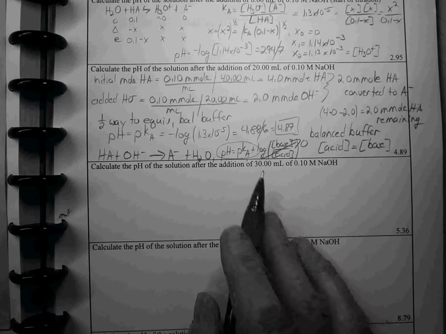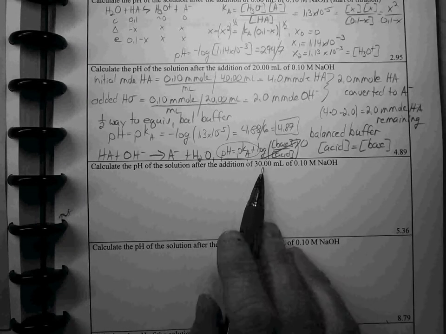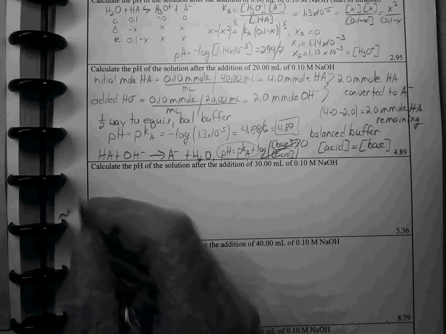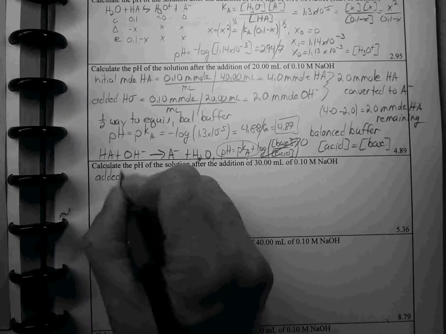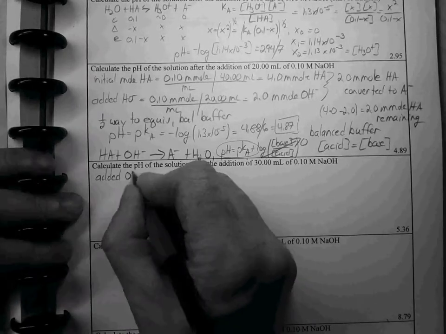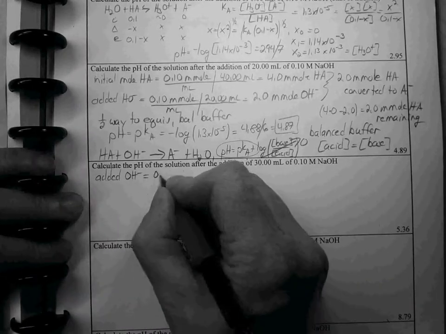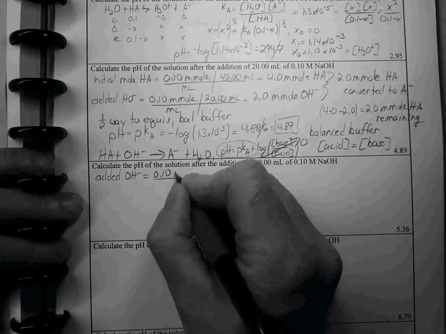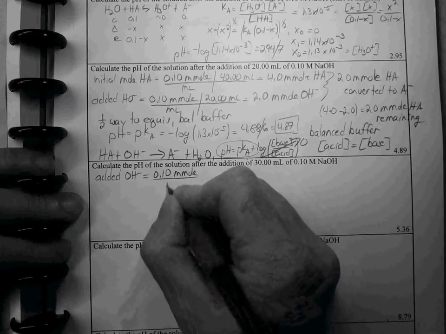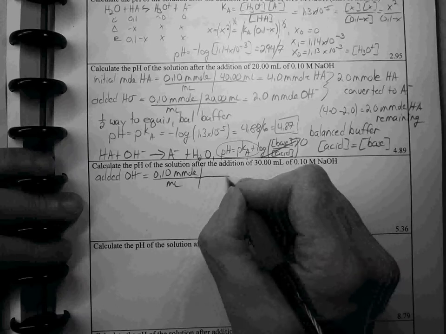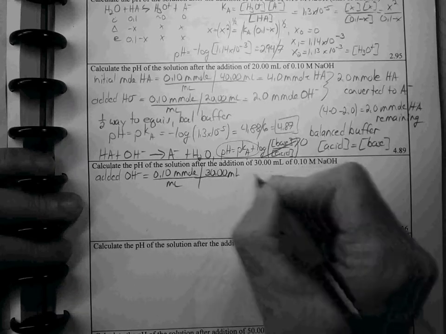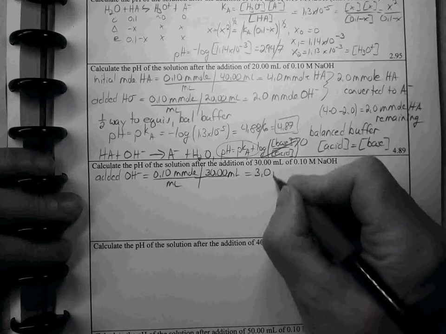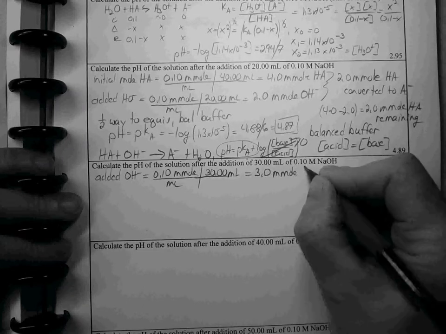Okay, next point on the curve. Addition of 30 milliliters of sodium hydroxide, which means that our added hydroxide is 3 millimoles.